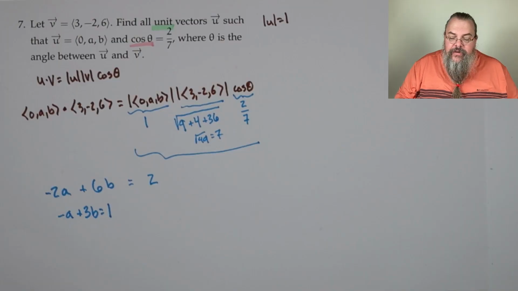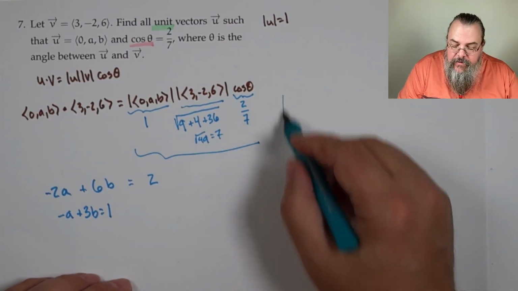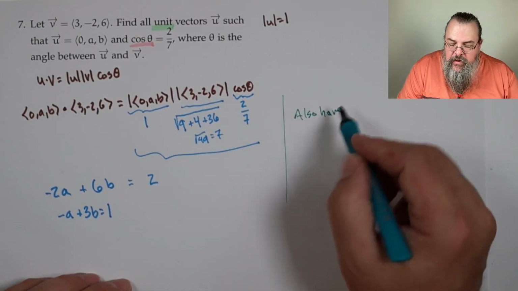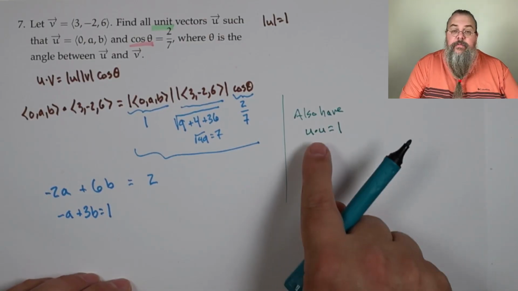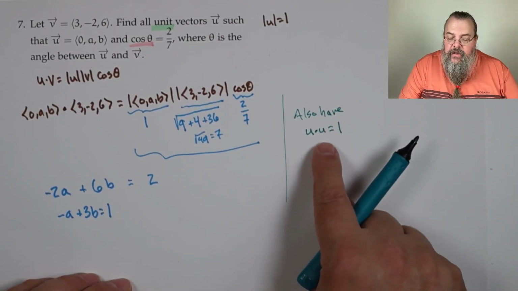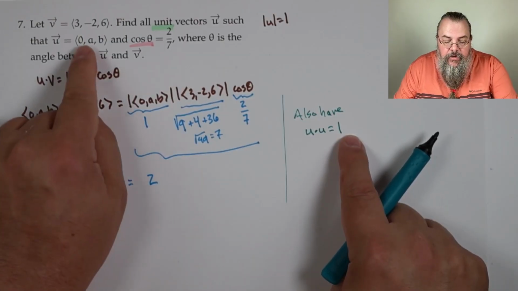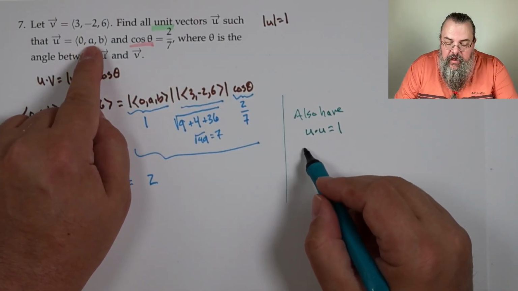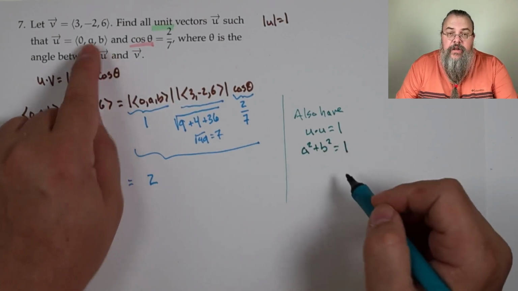Well, one thing it tells us is we also have that u dot u equals 1, right? Because this is the magnitude of u squared, and 1 squared is 1. So what is u dot u? That becomes 0 squared plus a squared plus b squared equals 1.